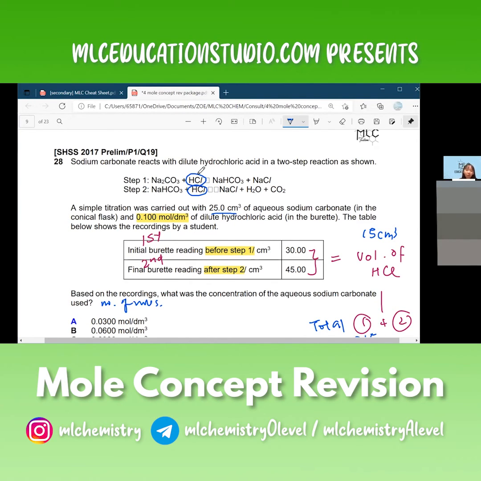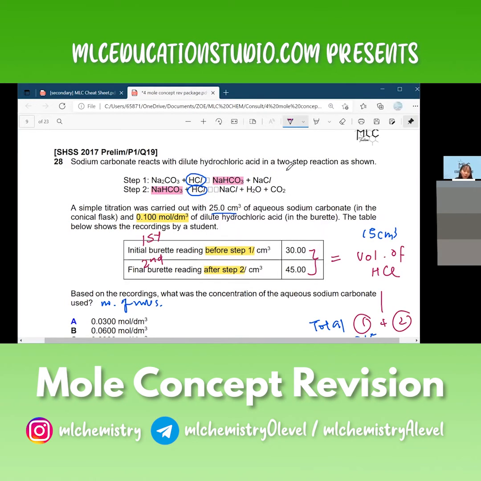Then, after using up all the sodium carbonate, they go to step 2. They only go to step 2 when step 1 is completely done. And then step 2 is a bring over from step 1. Okay?